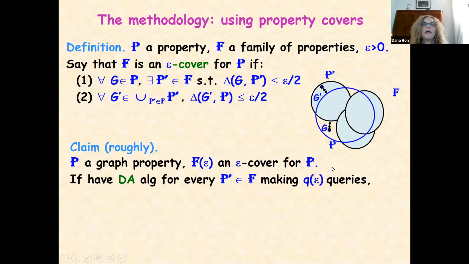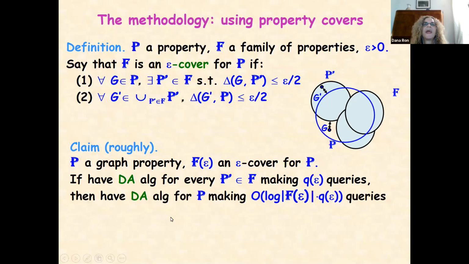So what do I know? Suppose I have a distance approximation algorithm for every P prime in my cover, and it makes Q of epsilon queries. Then the rough statement is that I have a distance approximation algorithm for my property, and it makes roughly the same number of queries, up to a logarithmic dependence on the size of the family.